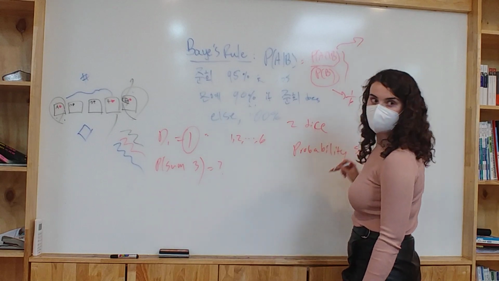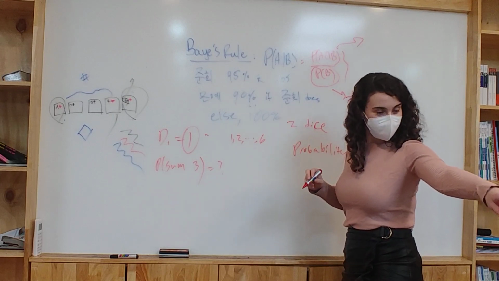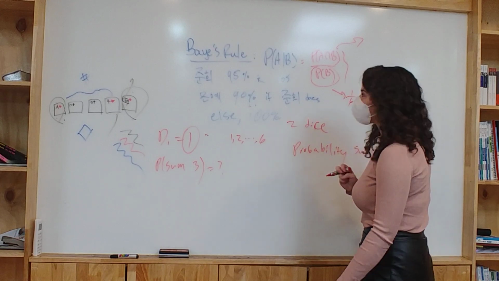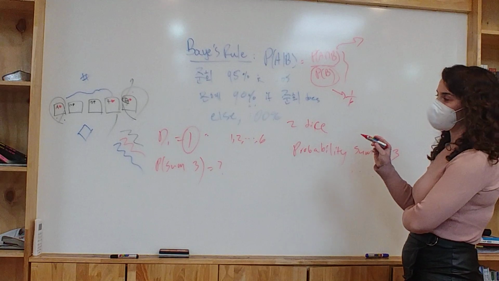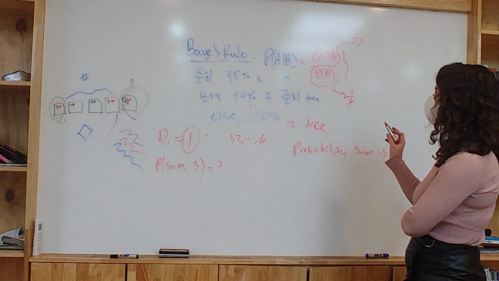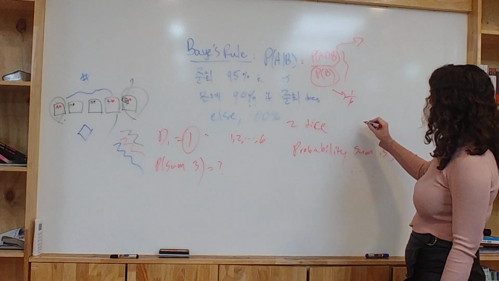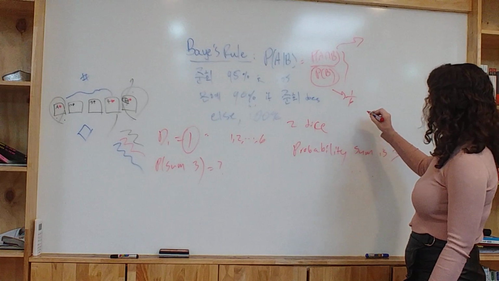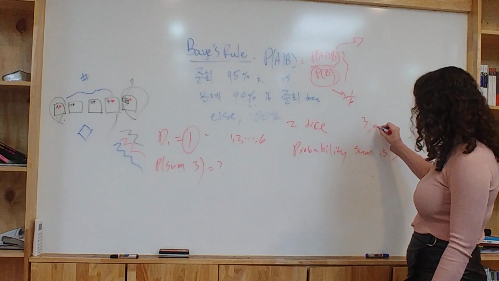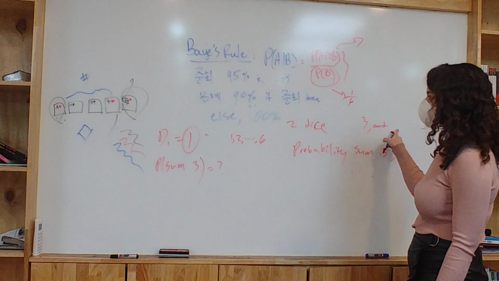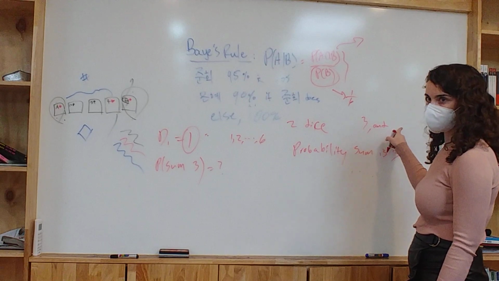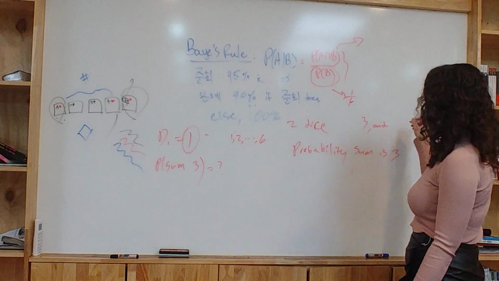Probability of this. All right. It's 1. The sum is 3, and what's the other thing that needs to happen? That needs to be 1.